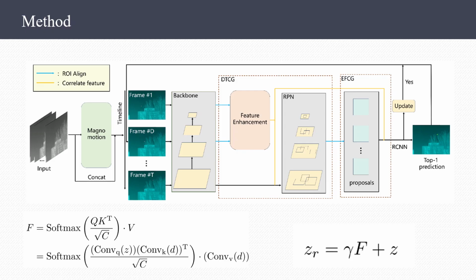Finally, the enhanced reference feature and each proposal feature are modulated using the Hadamard product, and the modulation results are used for classification and bounding box regression. The proposal with the highest confidence score is then selected as the tracking result for the current frame.